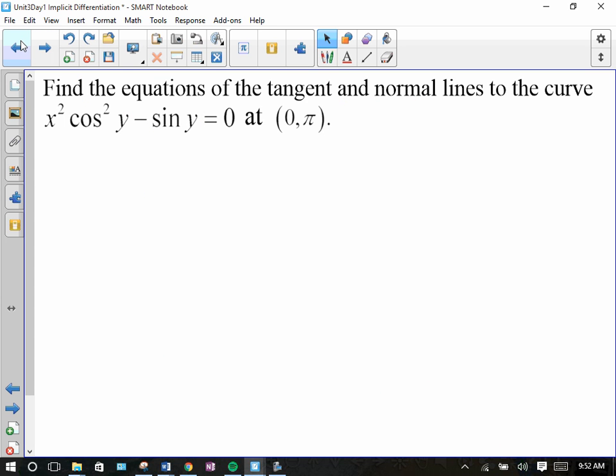So I want to find the equations of the tangent lines and the normal lines to the curve x squared times cosine squared y minus sine y equals 0 at (0, pi).